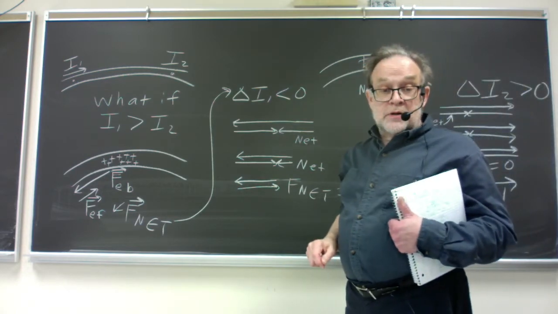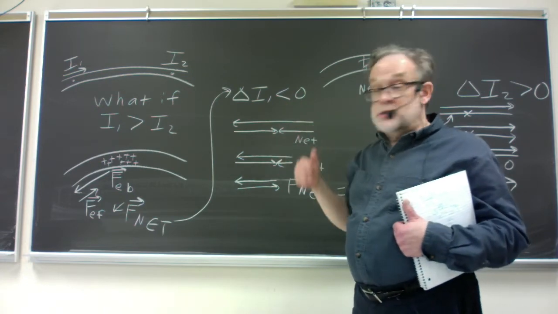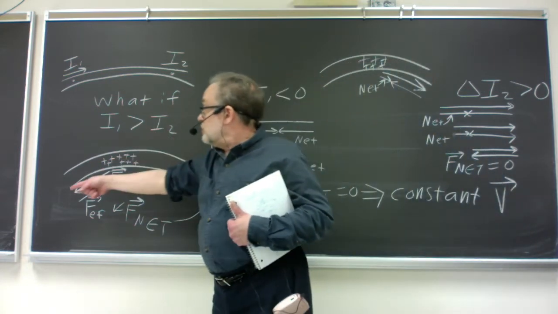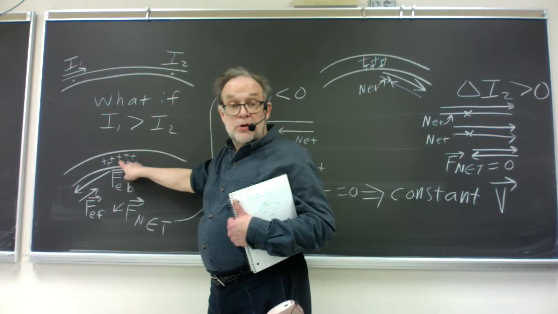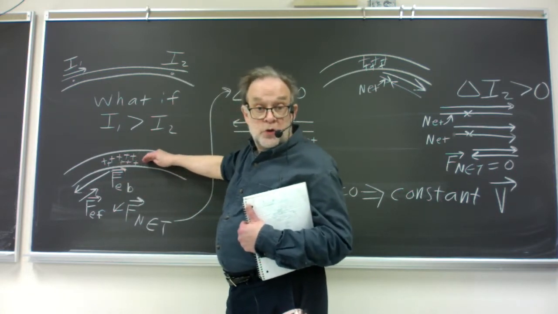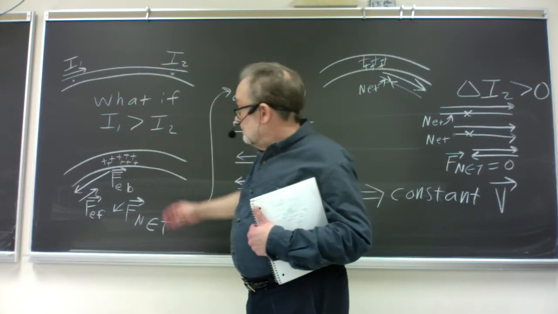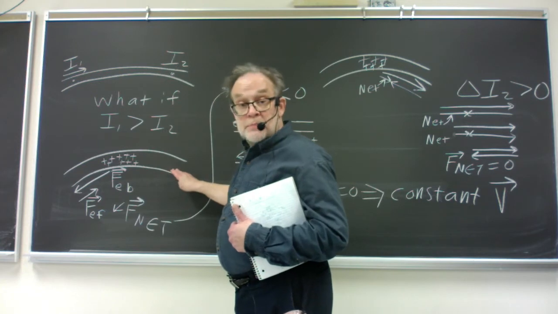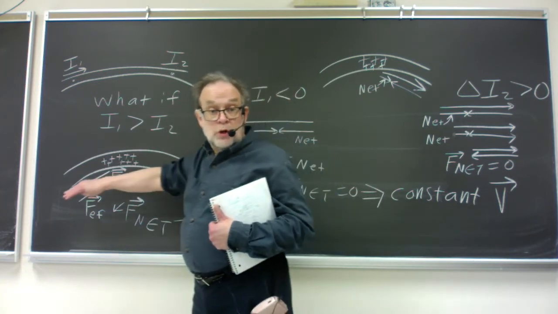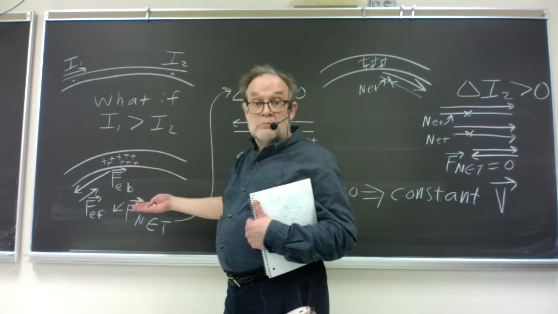So what's happened here? I1 is decreasing, I2 is increasing, which means the rate at which charge is coming in here is decreasing. The rate at which charge is flowing out is increasing. So charge is now getting emptied out a little faster, while charge coming in is piling up more slowly.